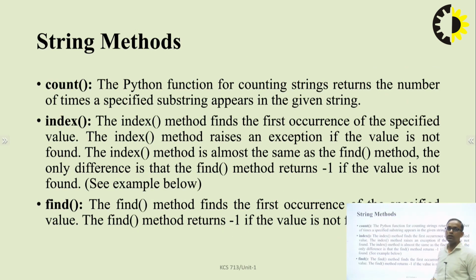Next, count is basically used to count the total number of occurrences of the specified character in the string. The index function is used to return the index of a specific character. And the find method finds the first occurrence of the specified value.